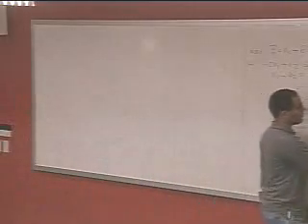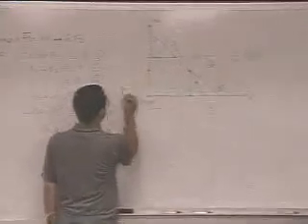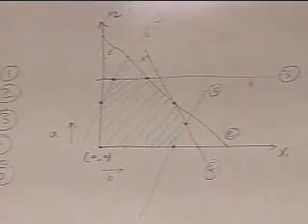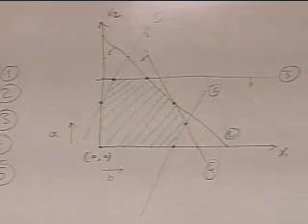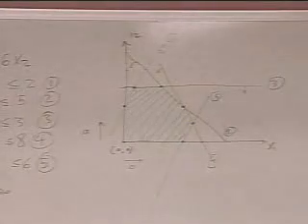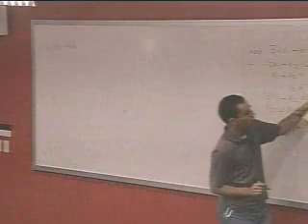So, the first thing that you have to look at is, let's call this direction A, and let's call this direction B. So first I'm checking direction A. If I move in direction A, let's see how my objective function would change. So I want to look at the rate of change in my objective function. Now, when I move in this direction, A, x1 wouldn't change. It would remain 0, 0, 0.